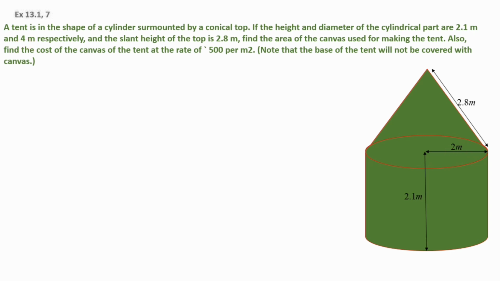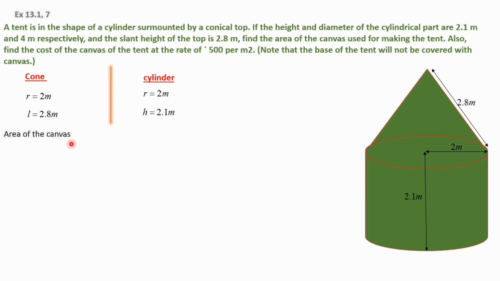Then the slant height of the conical portion is given, that is 2.8 meter. Then for cone we will write the measurement. R is 4 meter, sorry, R is 2 meter, then L is 2.8 meter. L means slant height, this one is 2.8 meter. And for cylinder we have radius 2 meter and height is 2.1 meter.